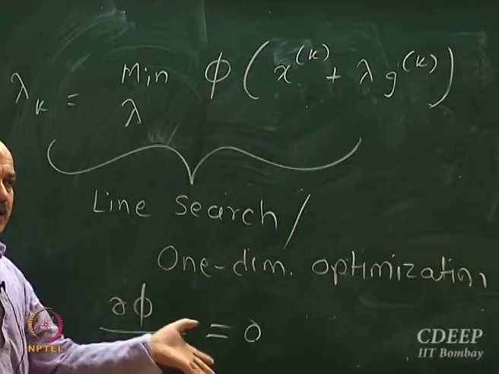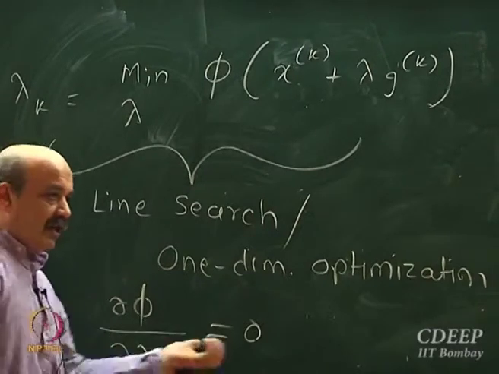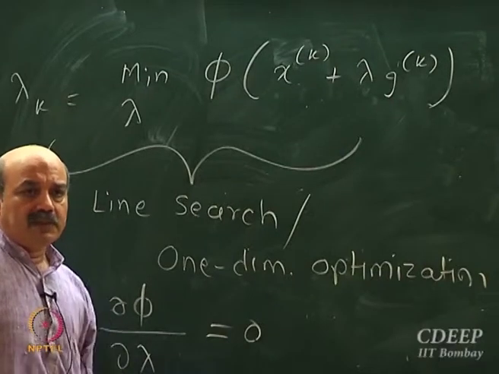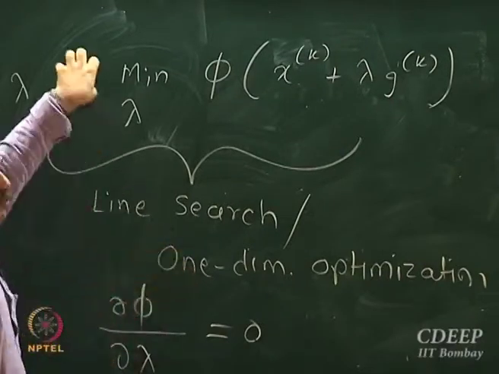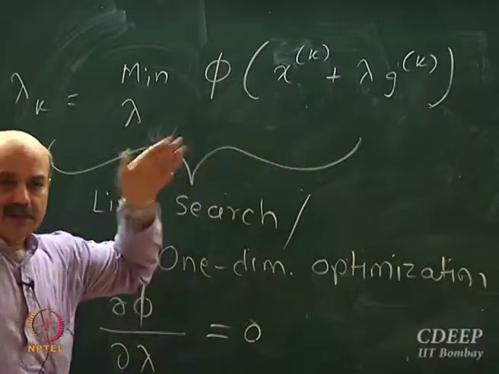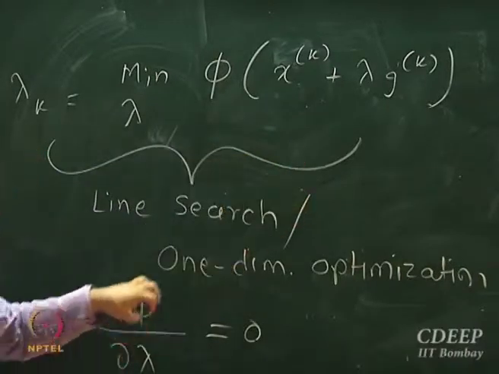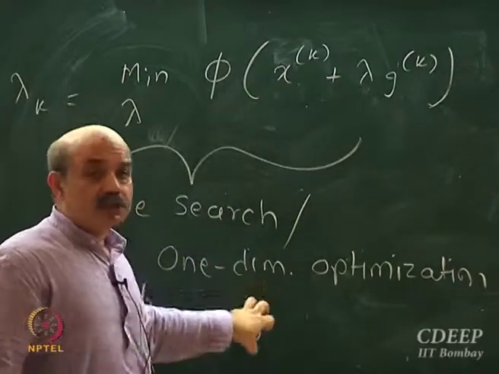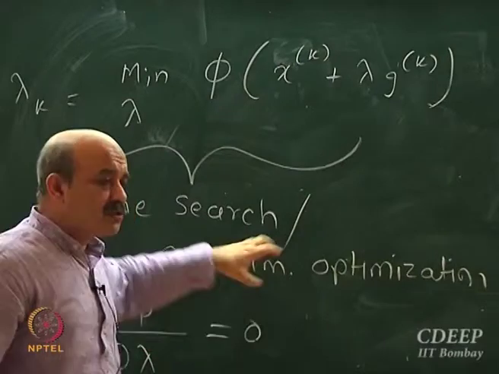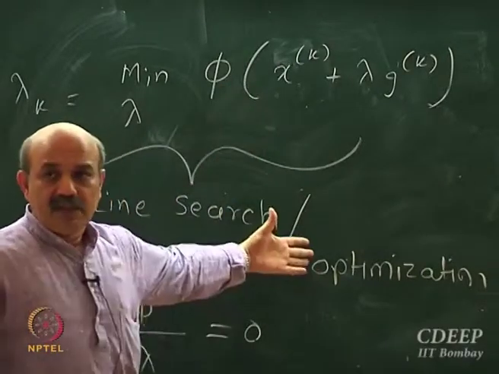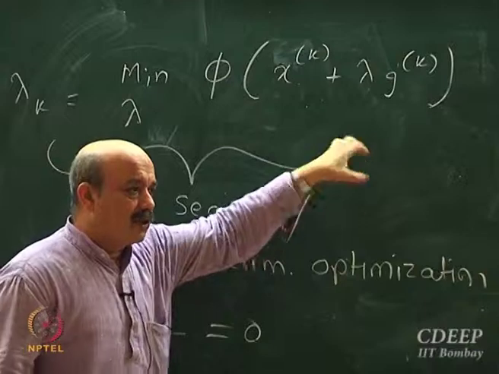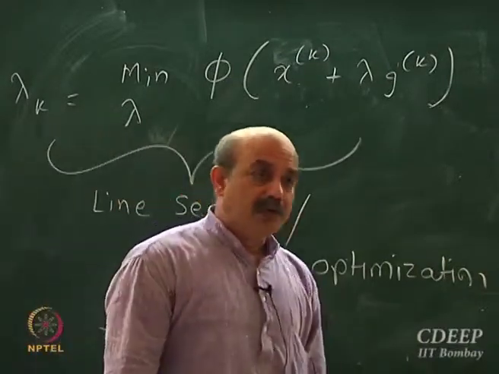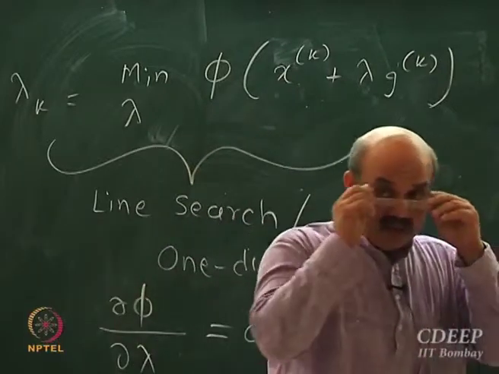Whichever value satisfies this optimality condition, I choose that value and use it for my step length. If phi is a highly complex nonlinear function, this has to be done using nonlinear optimization or an iterative process. You guess and then you find a minimum. I have described that, but in the case of solving Ax equal to b, we will have some nice time. We can do this analytically.